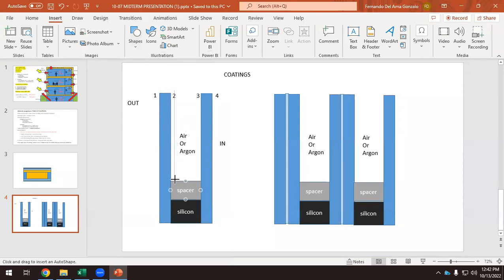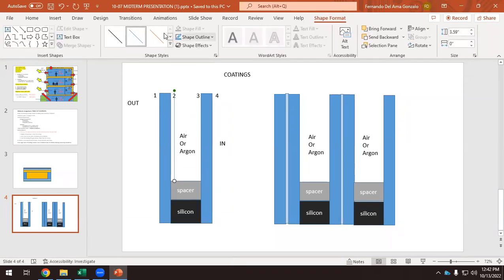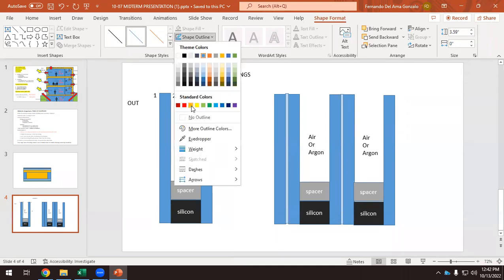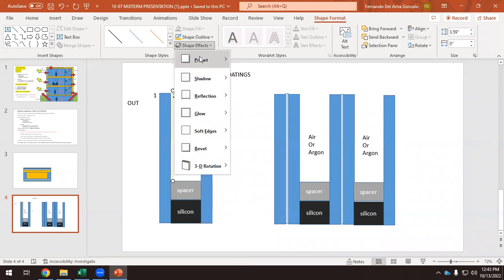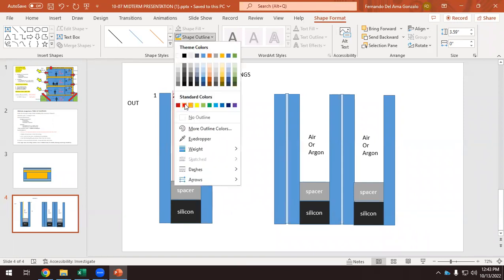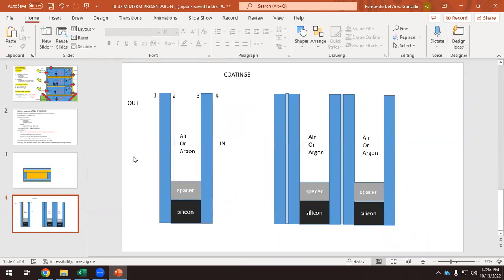They can be transparent, or they can have a color, but they are almost transparent. They barely affect the visible transmittance, so you can see through it.